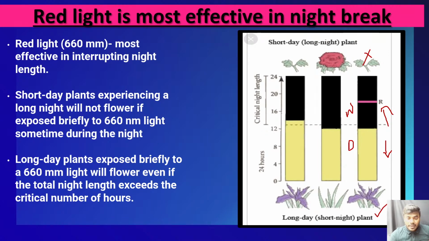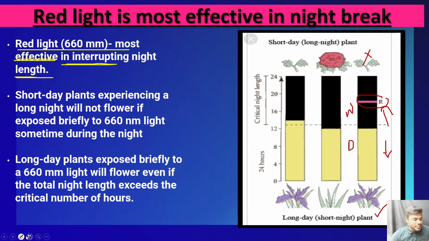What is the reason? Because, friends, every student focus, I have punctured the night light, I have disturbed the night light, I have broken the night light with a flash of red light. Because, friends, we have written a statement here saying that red light is most effective in interrupting the night length.